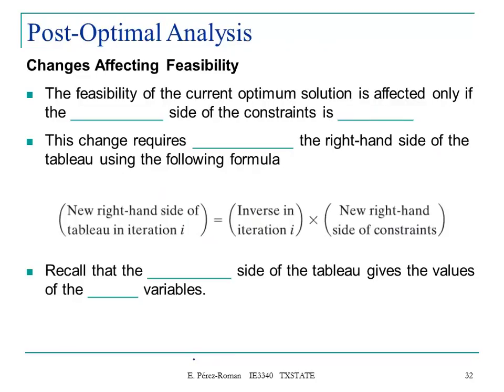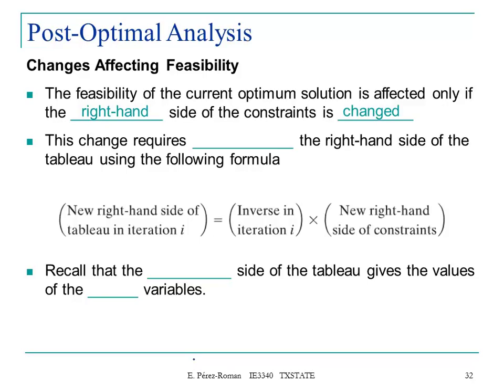Okay, so let's look now at changes affecting feasibility. The feasibility of the current optimal solution is affected only if the right-hand side of the constraints is changed. By changing the right-hand side, you're modifying the available resources that you have. So instead of having 60 hours, now you have 100.